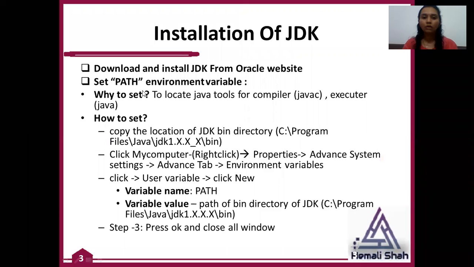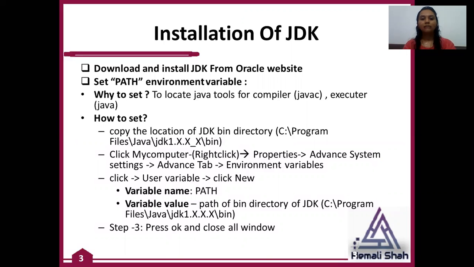To set this path variable, you have to follow some steps. First of all, find out the location of your JDK, the Java JDK installation directory. Then copy that path. Then you have to set this path of the JDK inside the My Computer properties, in an environment variable.